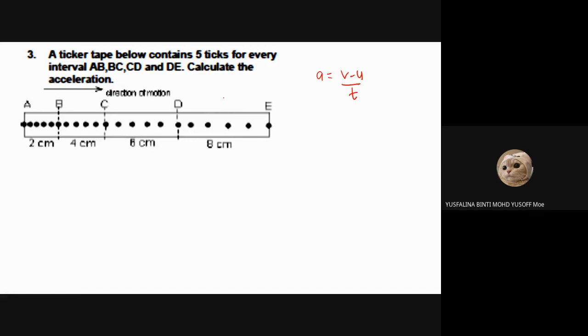So this DE should be U and AB should be V. So U is S over T, V is also S over T. And remember, one tick is equal to 0.02 second.